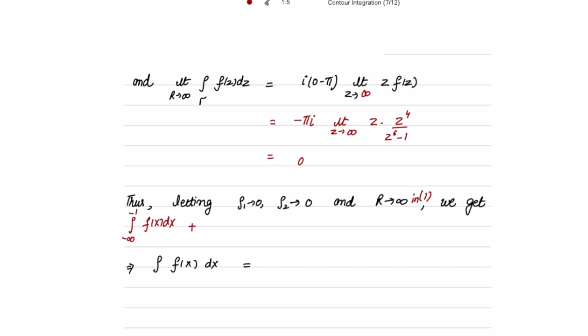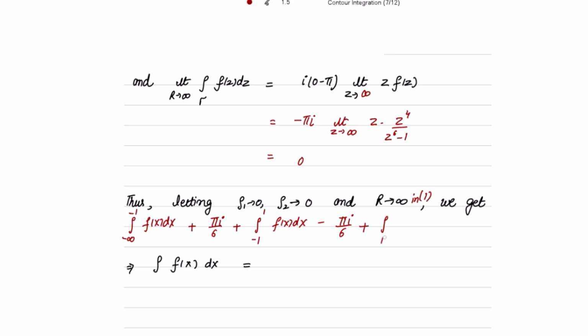Then for the integral over gamma 1, the value is pi iota over 6. And then the integral along the x-axis from minus 1 to 1 of f of x dx. And then minus pi iota over 6, the value for the integral having semicircle gamma 2.